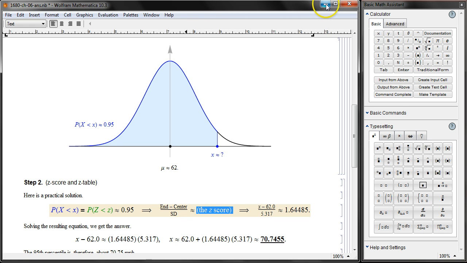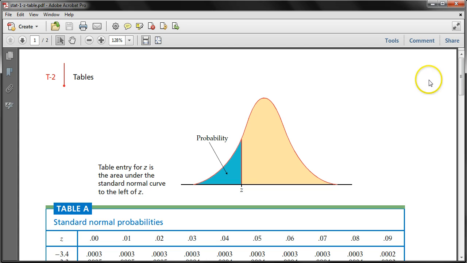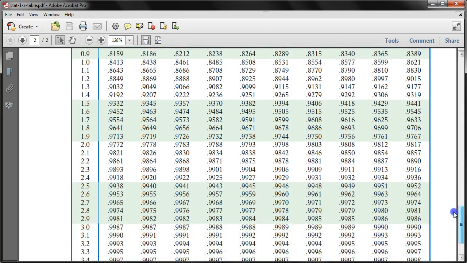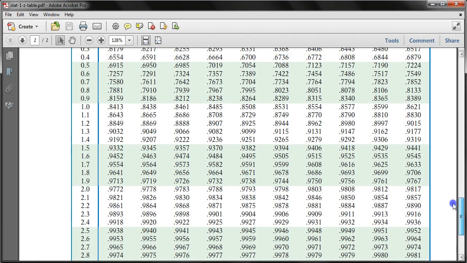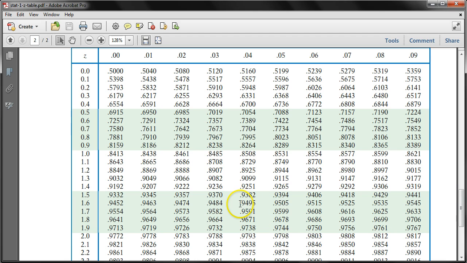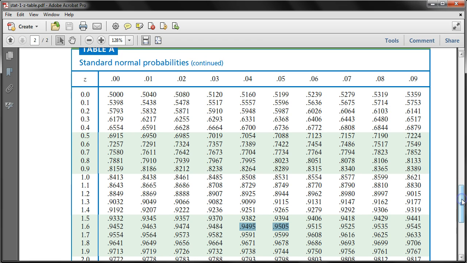And what is the z-score associated to 95%? Well, let's go to the second page. That's where all those high probabilities are. Where is 0.95? Here. We have these two: 0.9495, 0.9505.